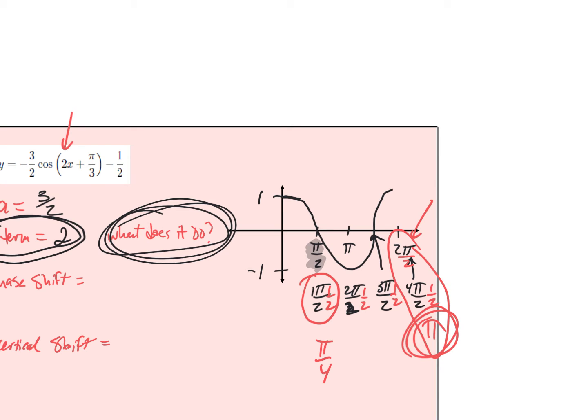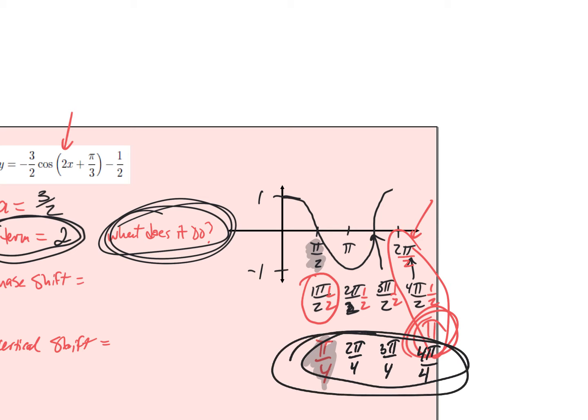I'm going to highlight it. I'm counting by pi over 4s now. 1 pi over 4, 2 pi over 4. That's the same as what? Yep. And 3 pi over 4 and 4 pi over 4, which is of course the same as pi. It's so much easier to count this way. And the first number, that tells you what to count by.